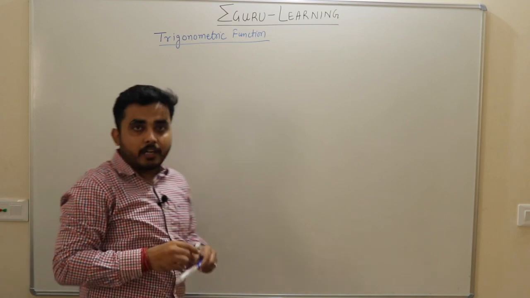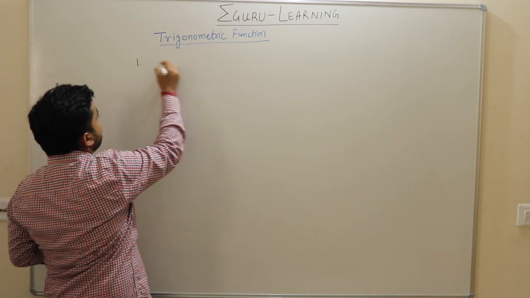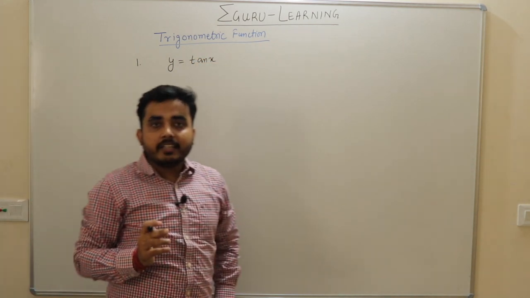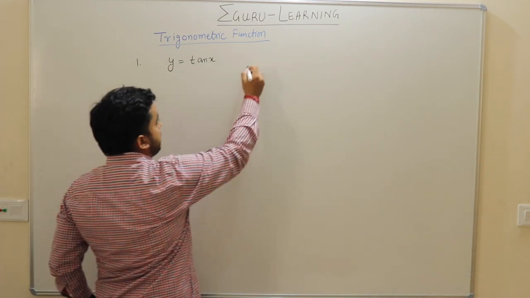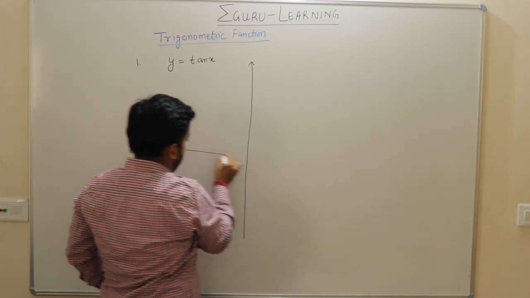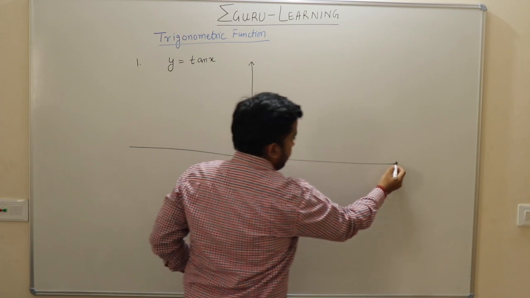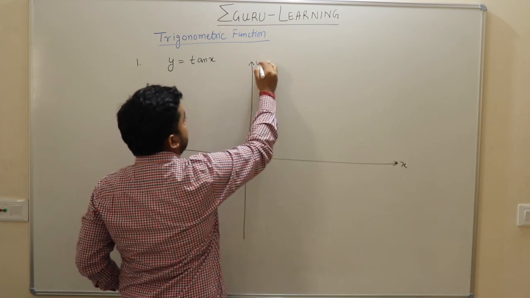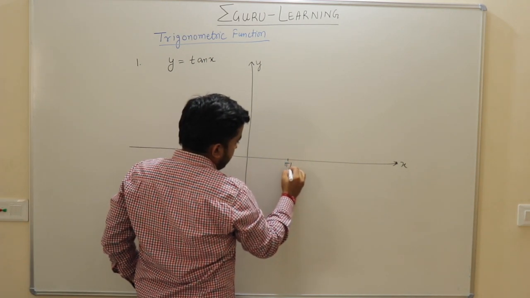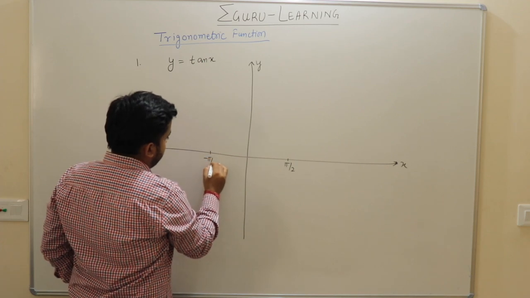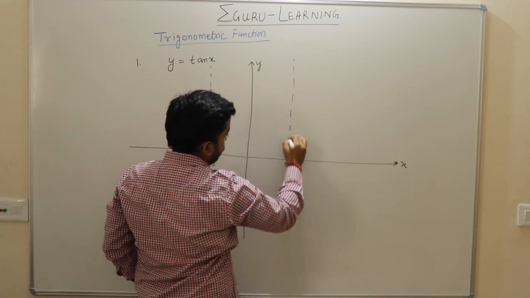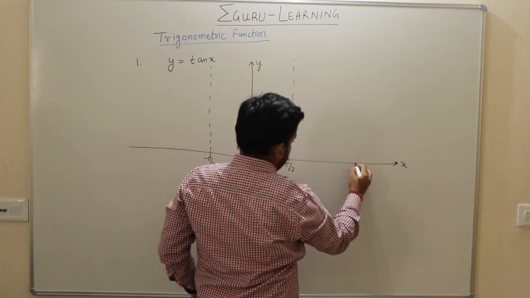So the function that we need to start with is y equals tan x. Okay, so first let us see the graph of y equals tan of x. This is the x-axis, this is y. Now let's say this is pi by 2, and this is, let's say, 3 pi by 2.